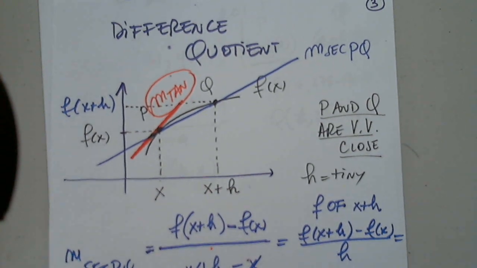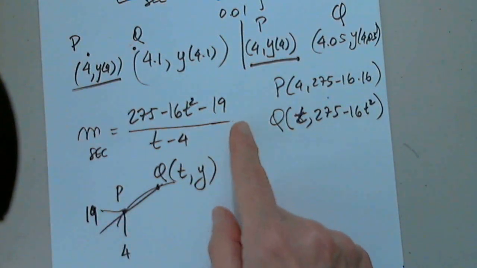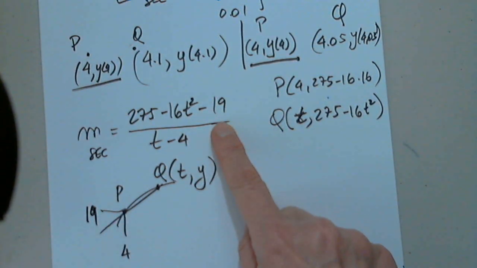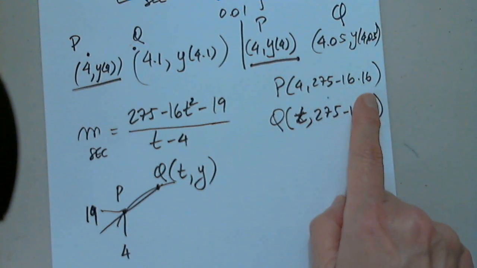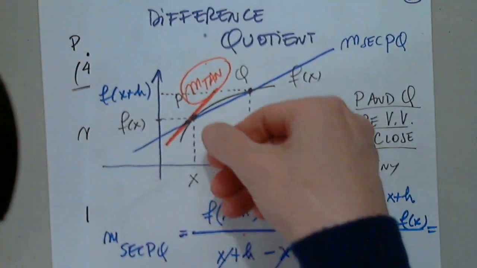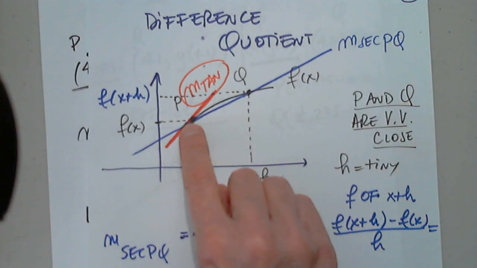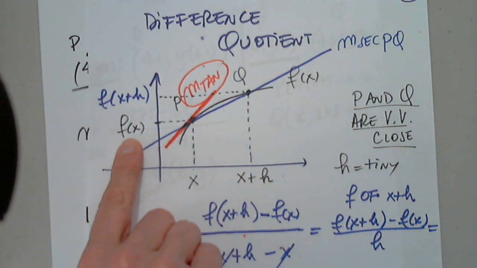So when this is 4, I have to plug in the function and I get 19. 275 minus 16 squared. So you plugged in 4 into the function to get the 19? When x is 4, we determine f of 4.